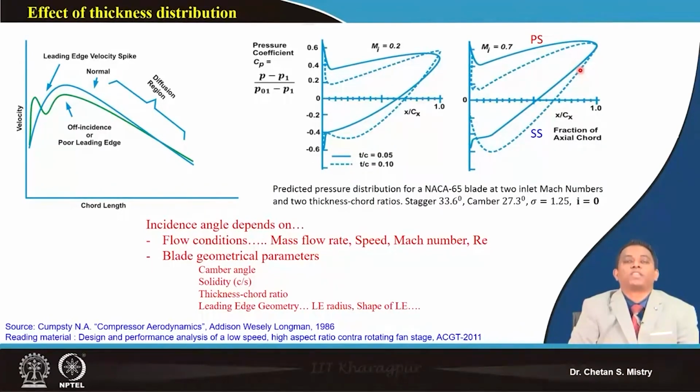All those give me the variation of delta beta at the entry from hub to shroud, and at the exit from hub to shroud. Now with all this data, what we need to do is feed it for a particular kind of aerofoil, because that is my requirement.